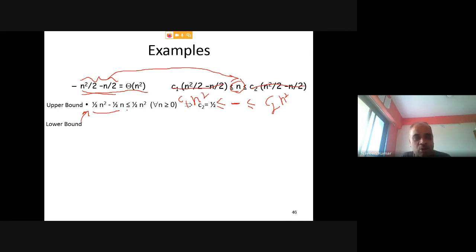So you are reducing the function, that is less than or equal to, right? So it must be less than or equal to half of n square. Is this correct? No. No. So can we show it? So let us look at it, right? So here, if you say this is equal to n square, this is half n, right? So can you say this is less than or equal to half of n square?